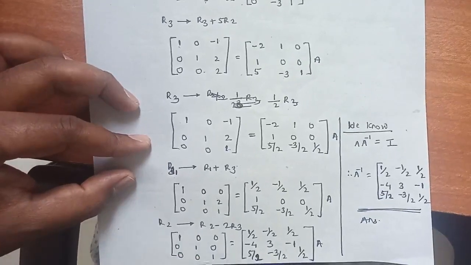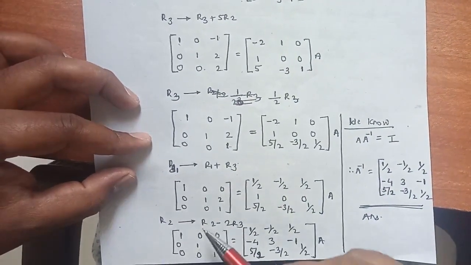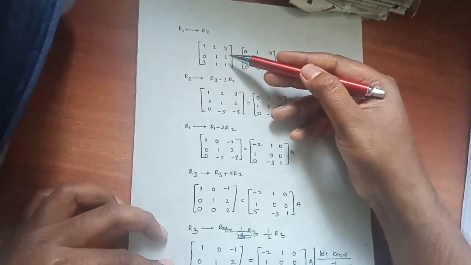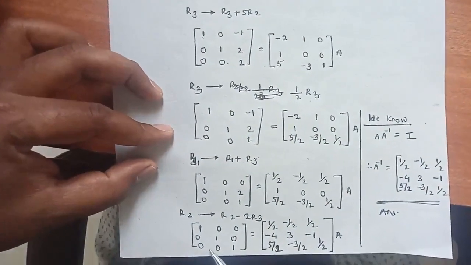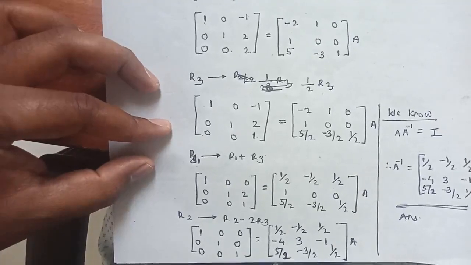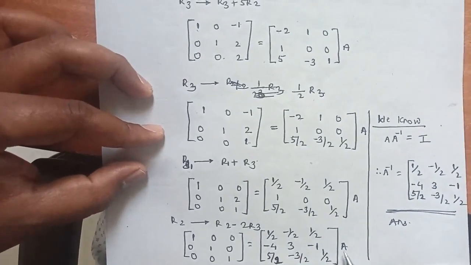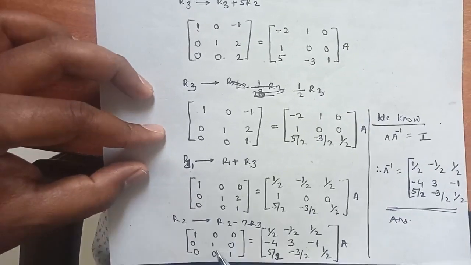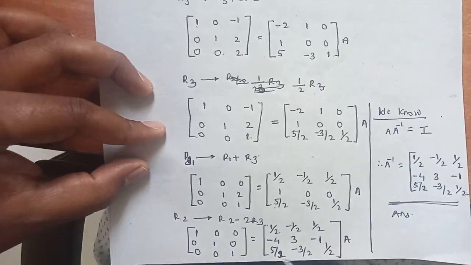So now after doing all the calculations, look at this. This normal matrix, I have converted into the unit matrix. So my problem is over, and whatever answer is coming here after doing all the calculations, this will be my inverse matrix, because A into A inverse is equal to I. That means this is indirectly the A inverse matrix.